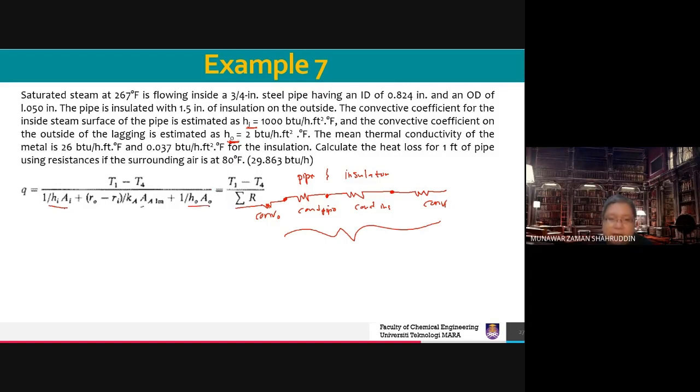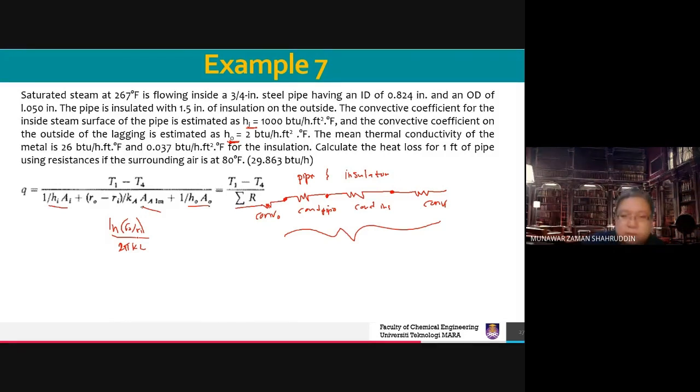A0 and AI is different, okay, because different in radius. Okay, and might as well a log mean lah ataupun ln R ni, ln over 2 pi KL. Okay. Ln over 2 pi KL.